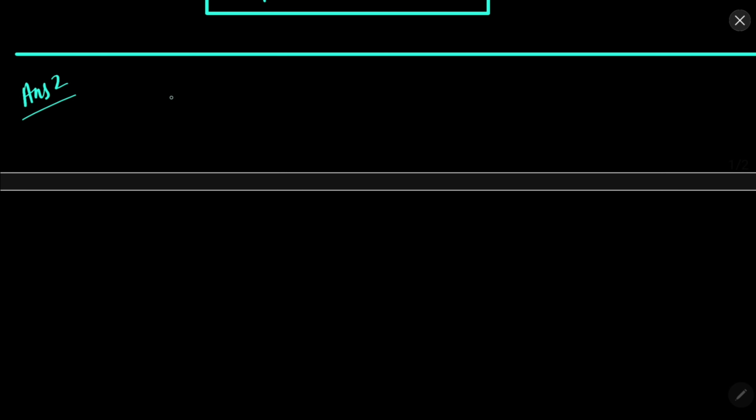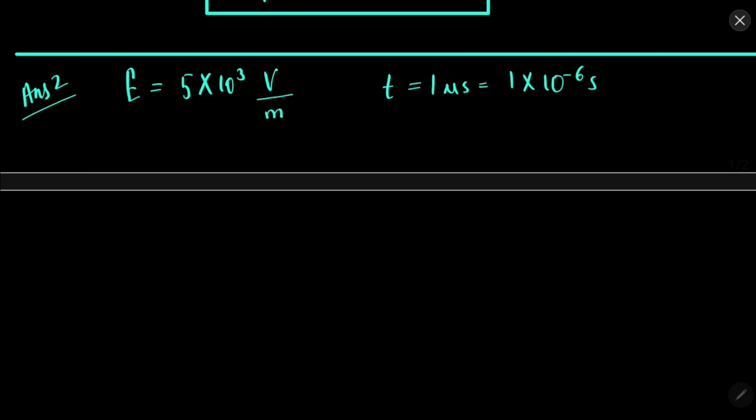So the second one, first of all, electric field is 5 kilovolt per meter, so 5 into 10 to the power 3 volt per meter. Time is 1 microsecond, that is 1 into 10 to the power minus 6 seconds. We know that force is equal to QE, charge into electric field. So charge is 1.6 into 10 to the power minus 19.